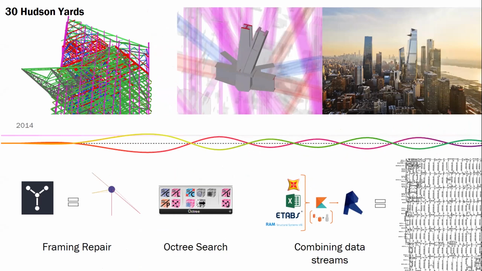What would you like to see? How would you like to see projects submitted in the future? How would you like to see these deliverables change so that we don't have to go from these really data-rich associative parametric models to the static 2D?